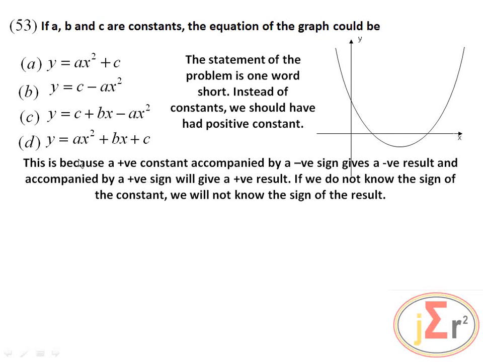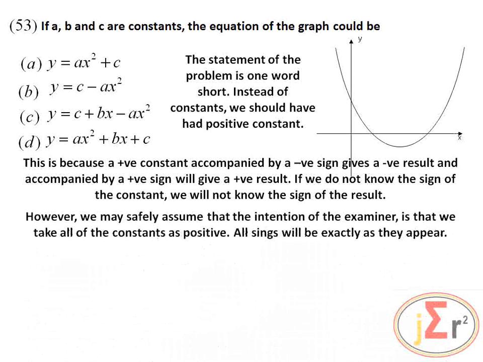So I think that stating that the constants are all positive will cause the statement of the problem to be more sober for that particular reason. And as we solve the problem, we will see possibly other reasons. However, we may safely assume that the intention of the examiner is that we take all of the constants as positive.